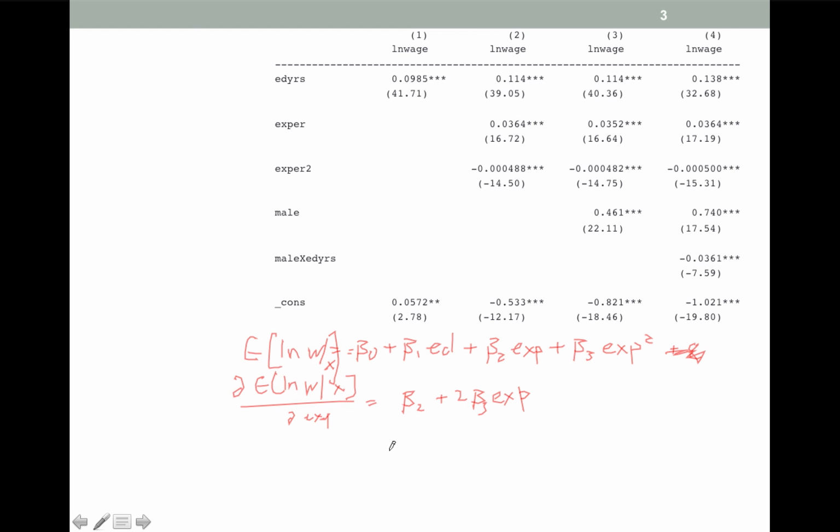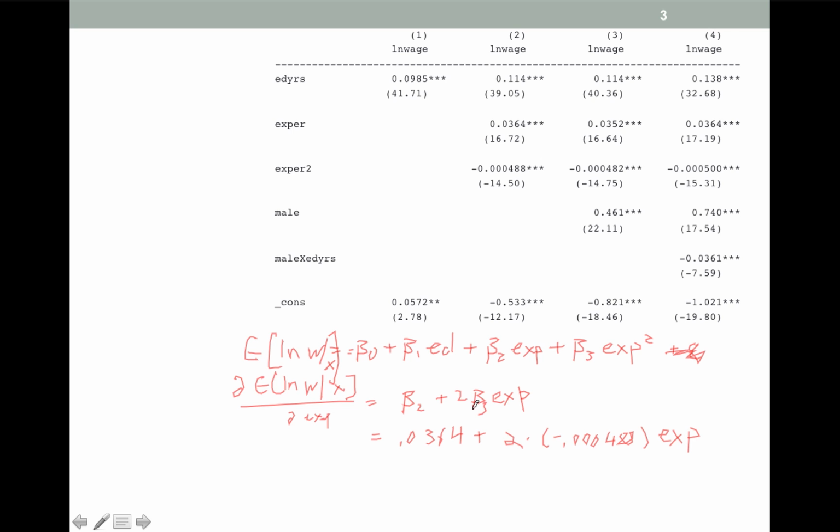If we plug in our coefficients, our estimate is going to be 0.0364 plus 2 times minus 0.000488 times experience. Okay? Because the coefficient on the quadratic term is negative, that means the marginal effect of experience decreases as adults gain more experience.